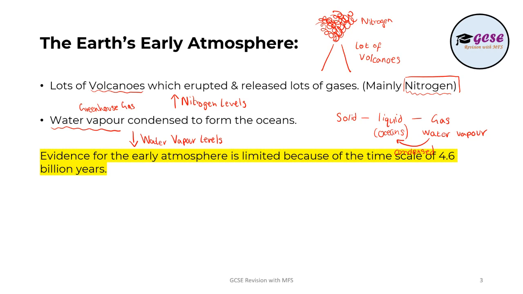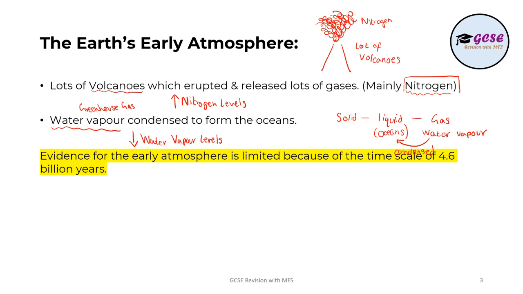Okay, now evidence for the early atmosphere is limited, because of the time scale of 4.6 billion years. The Earth has been around for a long time.